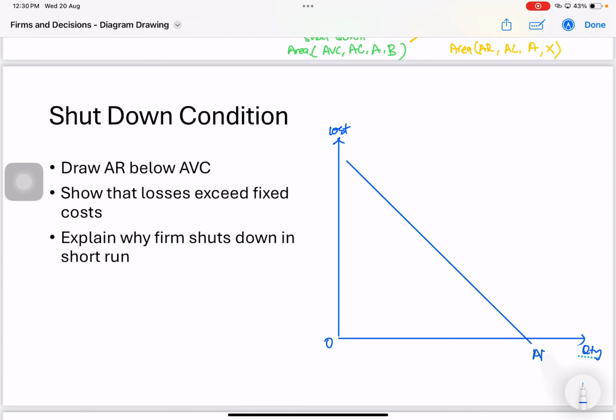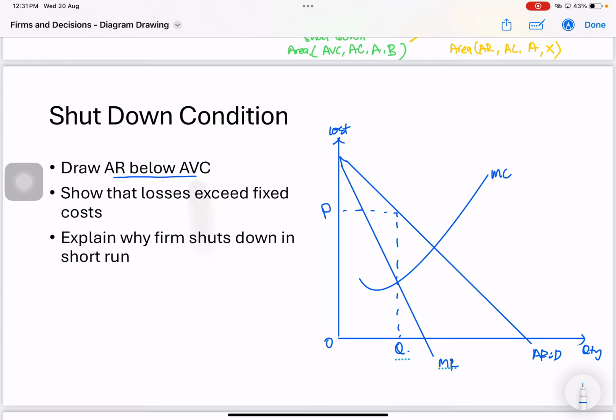My AR, MR, MC. Okay. This is my price. Then over here, AR below AVC. So this is my AR. So my AC is here.